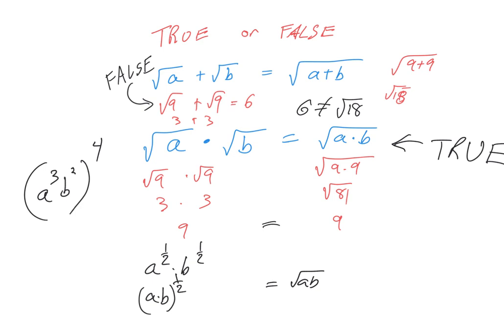So it'd be a to the third times a to the third times a to the third times a to the third, which is a to the 12th. So when I have powers raised to higher powers, they multiply. And then if I had multiplied this whole thing out, it would be a third b squared times a third b squared, four times. So I'd have b squared 4 times, or b to the 8th power.